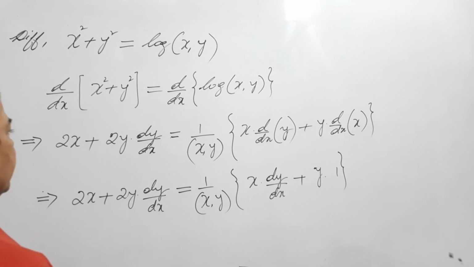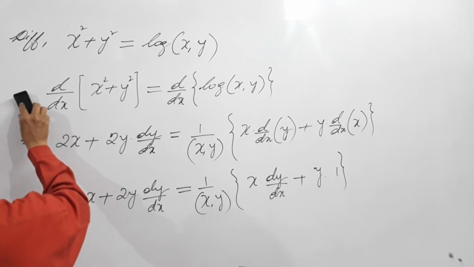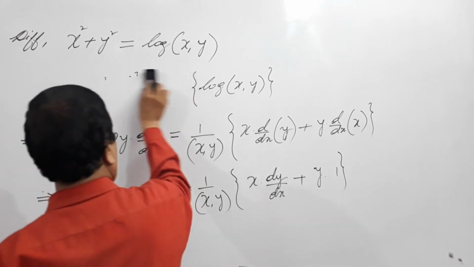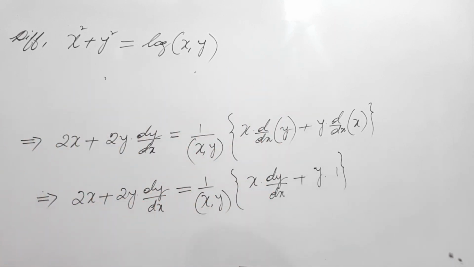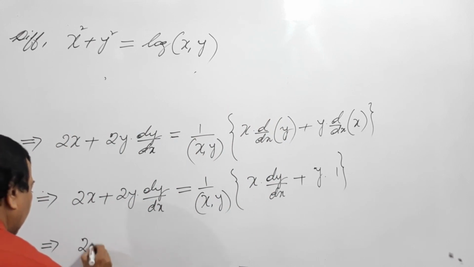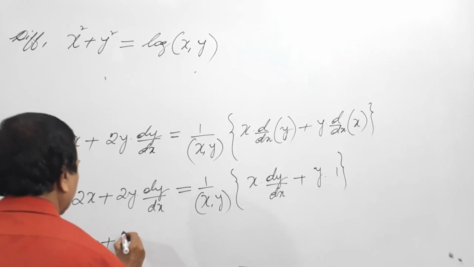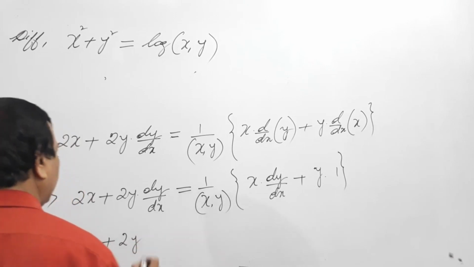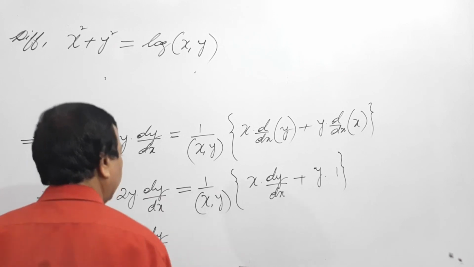Let's simplify this. Okay, one more step we can write here, that is 2x plus 2y dy by dx.